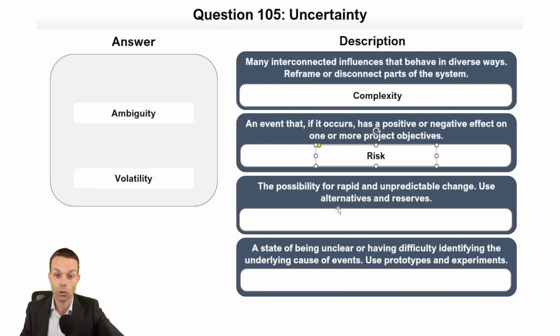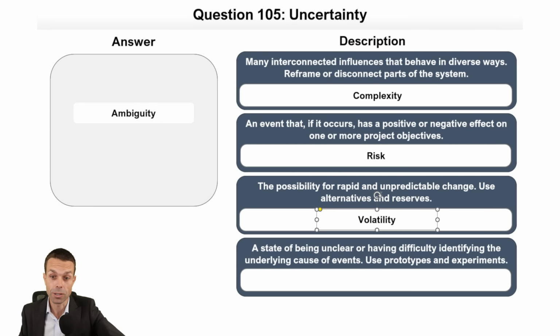The probability or the possibility for rapid and unpredictable change; use alternatives and have reserves at the ready. That's volatility. And it's giving us good ways to handle this, by the way. Reframe or disconnect parts of the system, use alternatives and reserves. Now, the last one, a state of being unclear or having difficulty identifying the underlying cause of events.